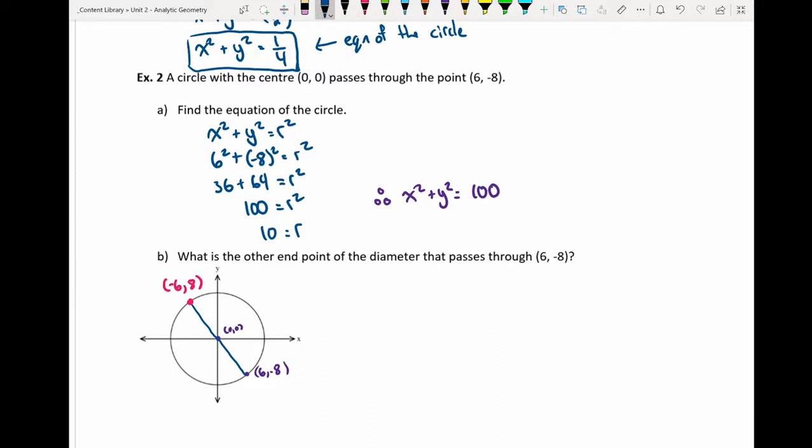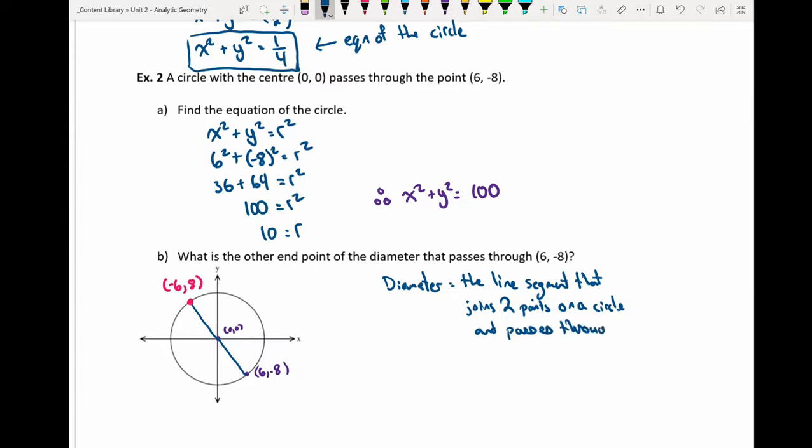Again, if you just want to write a definition, remember our diameter is the line segment that joins 2 points on a circle and passes through the center of the circle.